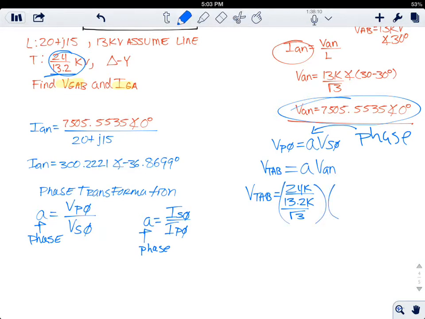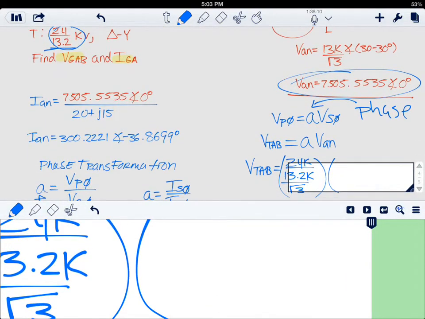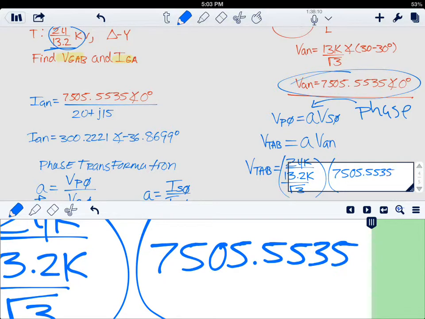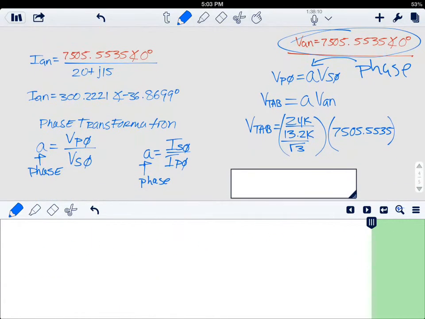Notice that I'm not gonna use any angle here because we're gonna determine the angle after we are done calculating.